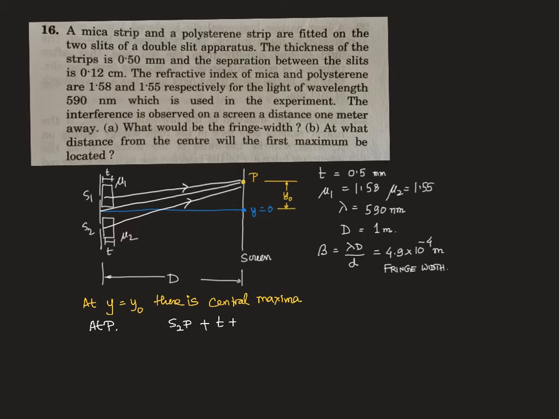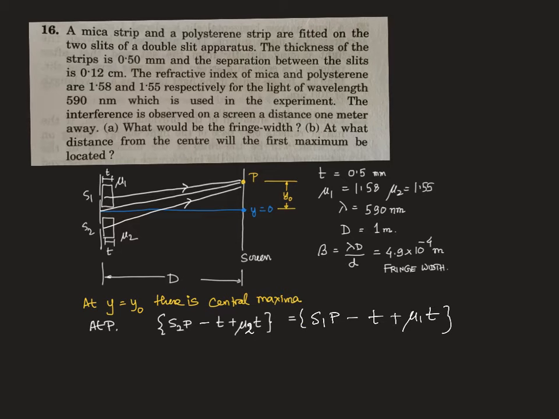So at P, S2P minus T plus mu1T, right? This is the optical path. At P, as it is a central maxima, the optical path travelled by light is the same from S1 to P and from S2 to P. So S1P minus T plus mu2T is equal to S2P minus T plus mu1T.